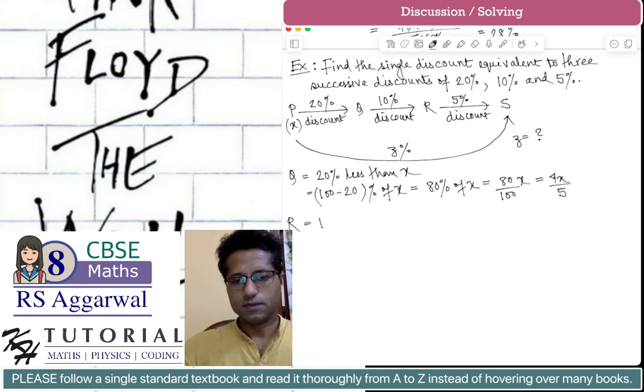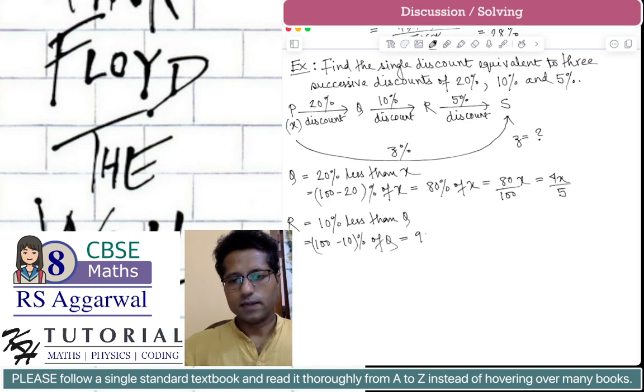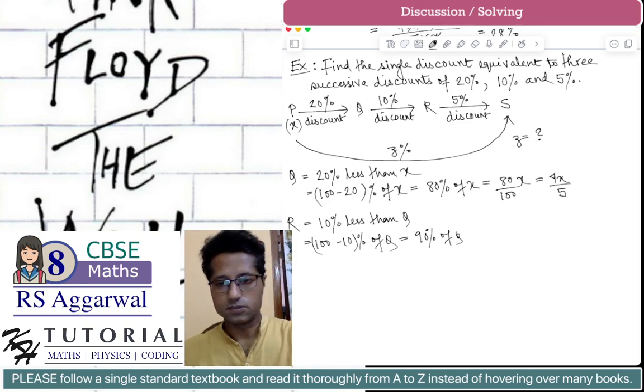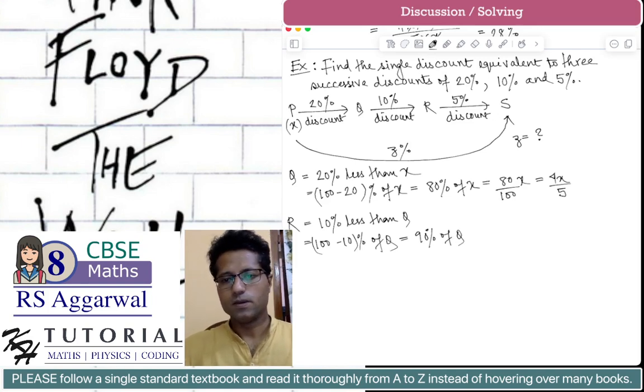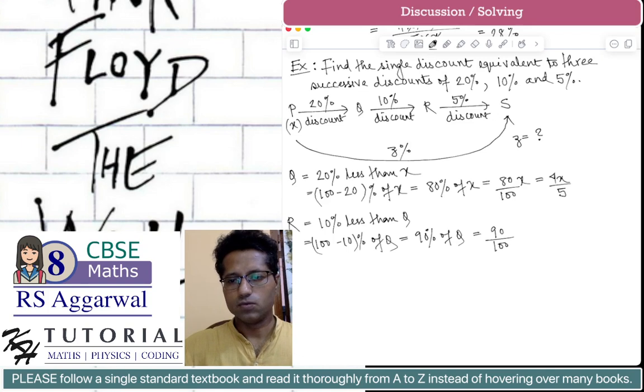So this will be 10% less than Q, which is equal to 100 minus 10% of Q, which is equal to 90% of Q, which is equal to 90 by 100 multiplied by Q. What is Q?